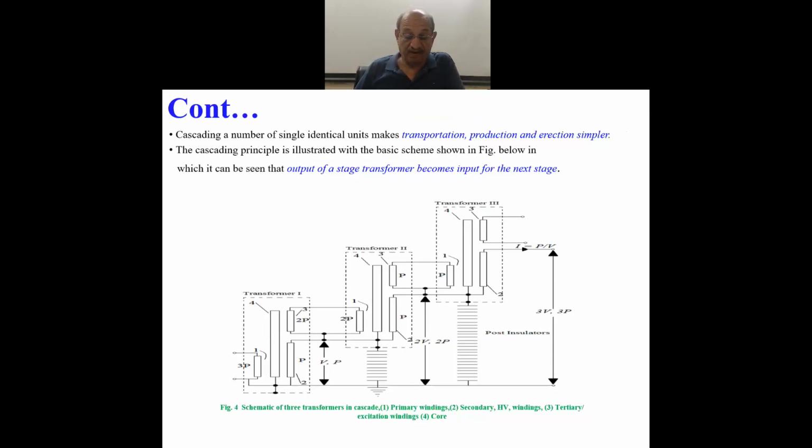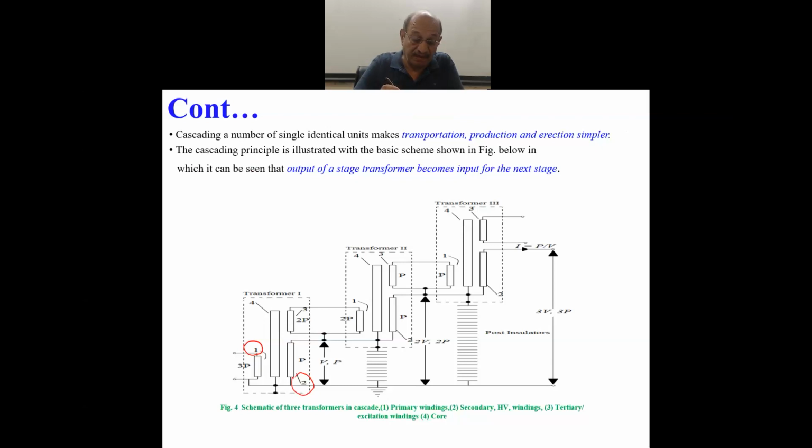As you see, 1, 2, 3, 4: one is the primary winding, 2 is the secondary high voltage winding. These are all identical transformers, three identical transformers connected in a fashion which you must learn. 3 is the tertiary winding.